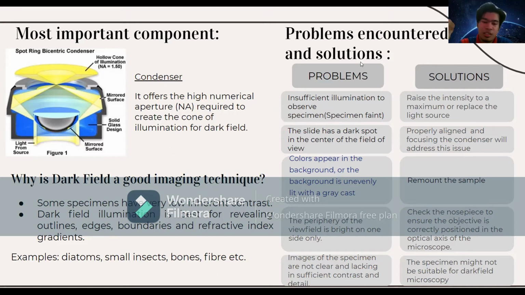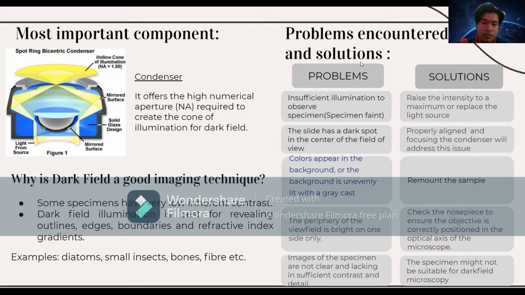Actually, in general, objects imaged under the proper conditions of dark field illumination are spectacular to see. Specimens that contain very low inherent contrast in the bright field microscope shine brightly in the dark field microscope. That's why you can use a dark field instead of a bright field microscope.